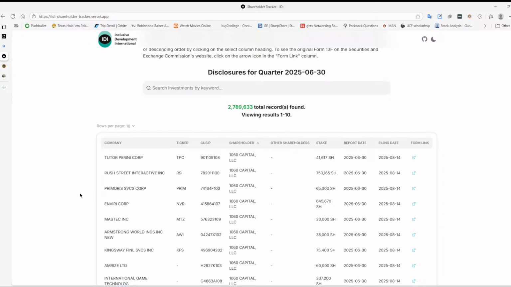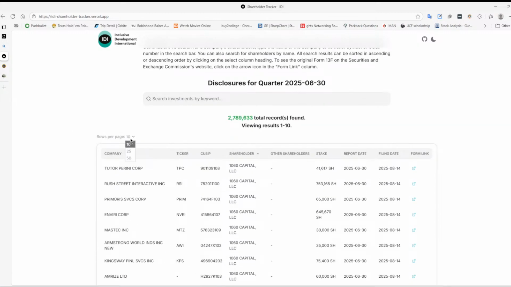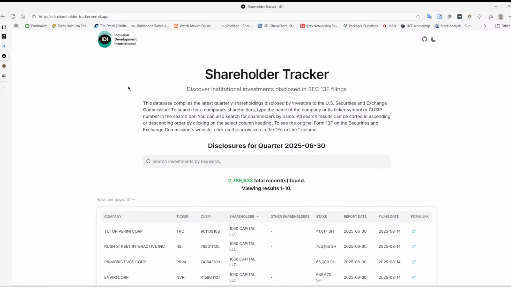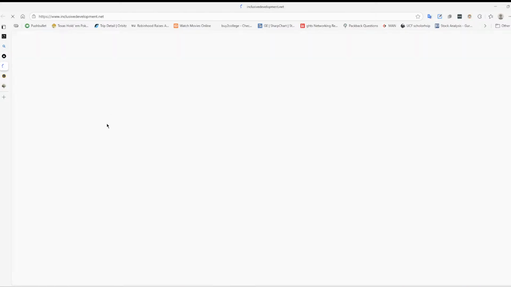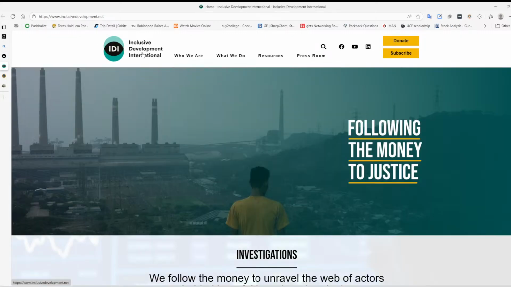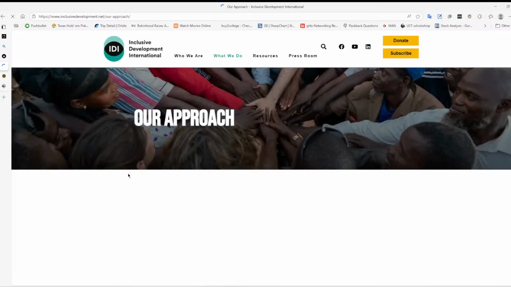Okay, so wow, 2 million records. Jeez. And there's no filters. So I can look up Inclusive Development. So this is Inclusive Development International. What do they do? Inclusive initiatives, what we do.